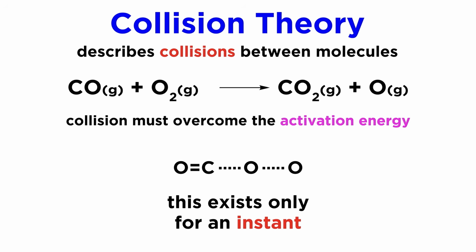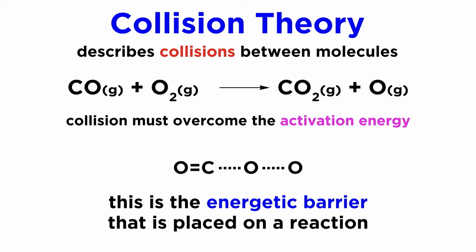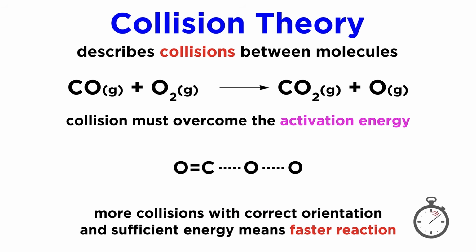The transition state is not something that can be captured or isolated. It only exists for an instant before the reaction proceeds to completion. But nevertheless, it is the energetic barrier that is placed on any reaction. And once again, the more collisions there are per unit time that do have the correct orientation and sufficient kinetic energy, the faster the reaction will go.